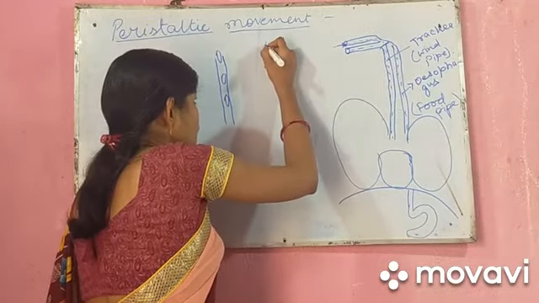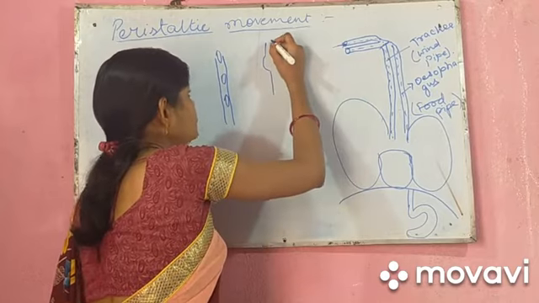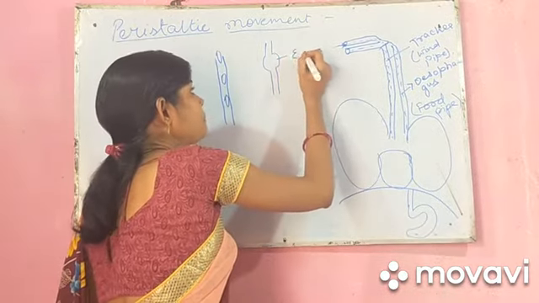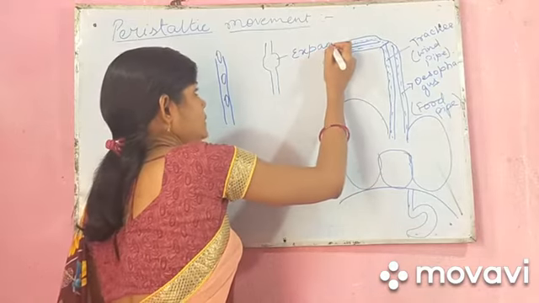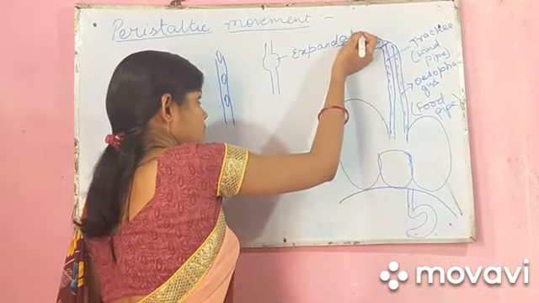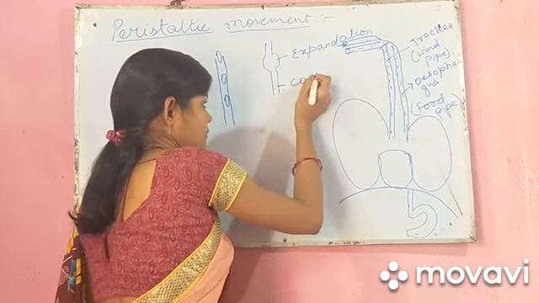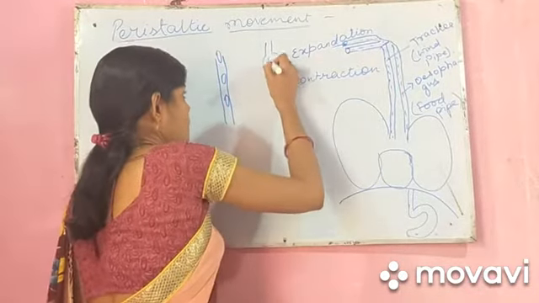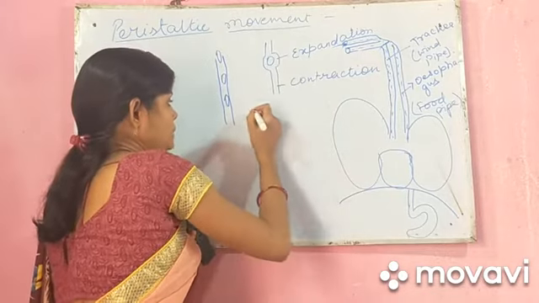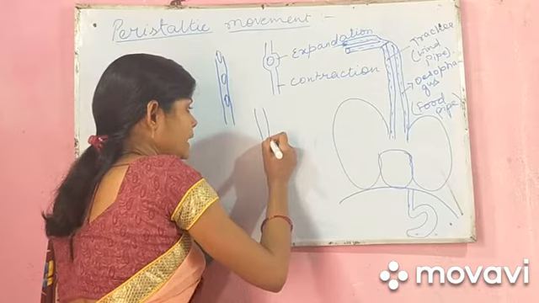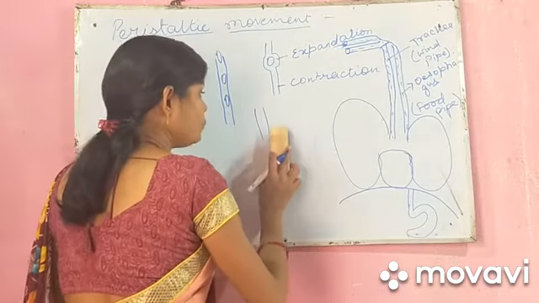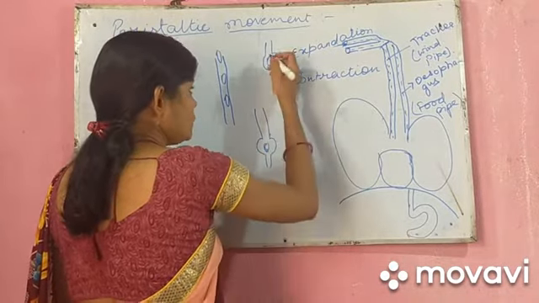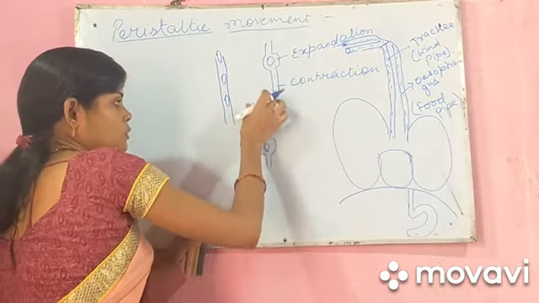When the food comes from this part to the next part, the old part regains its original shape, and the next part where the food will go expands, and the previous region regains its original shape.